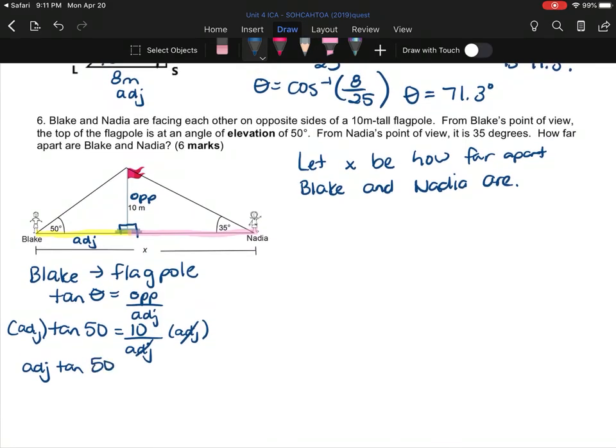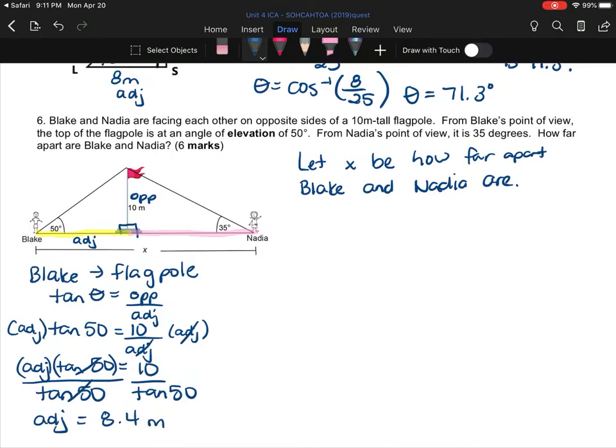Okay, so again, we got to get rid of the adjacent. Now we got to get rid of the tan 50. Okay, so if you want, label your picture.